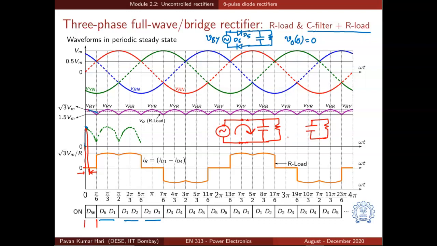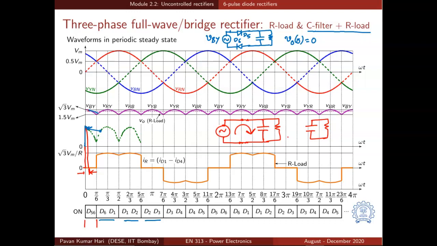The voltage would immediately rise because a huge amount of current, a huge charge is directly pumped into the capacitor, and the voltage becomes equal to root 3 Vm, and soon after that huge current pulse, quickly the diodes stop conducting at this point, and from here the voltage will fall exponentially. And when will the exponential fall stop? The exponential fall stops when the voltage of capacitor becomes equal to the voltage VRY.